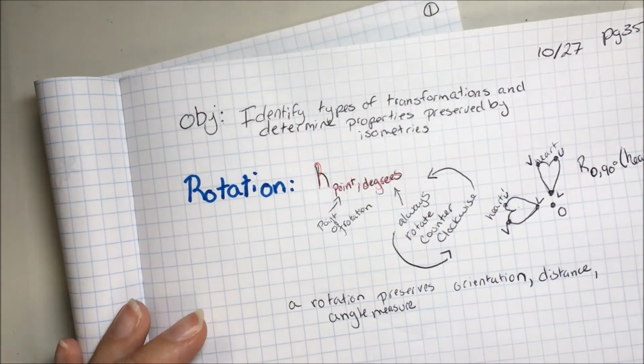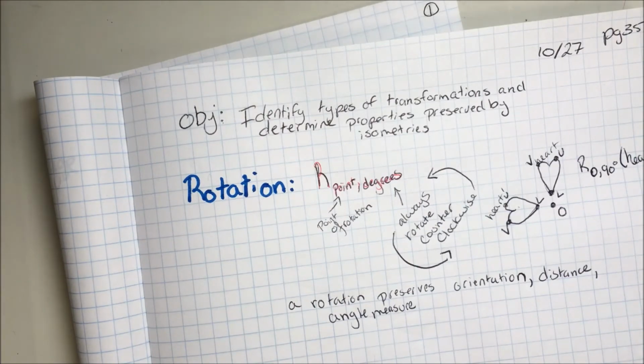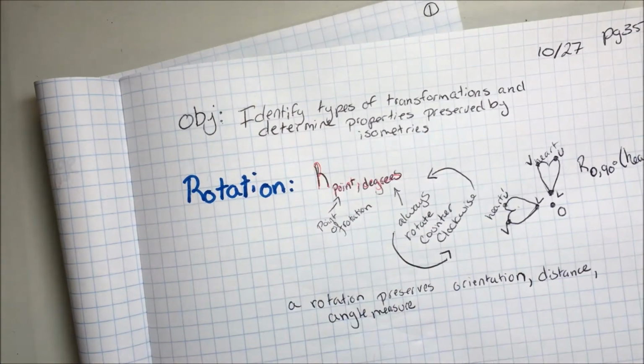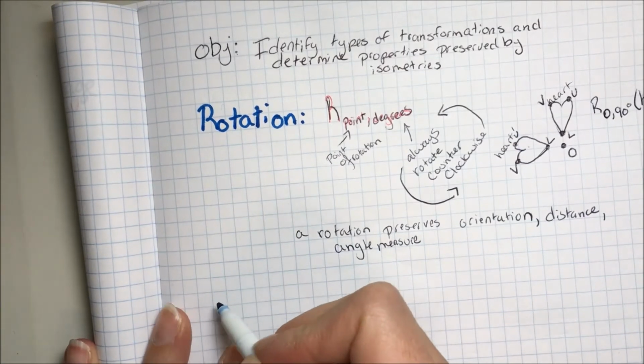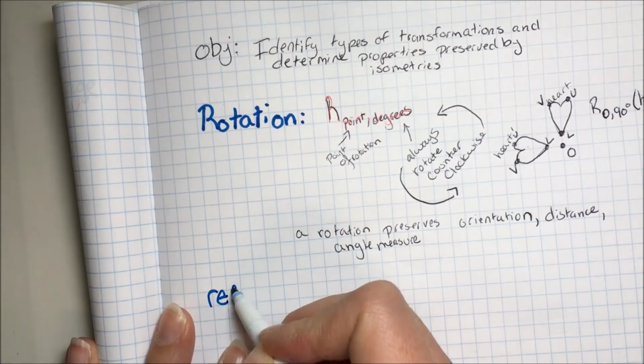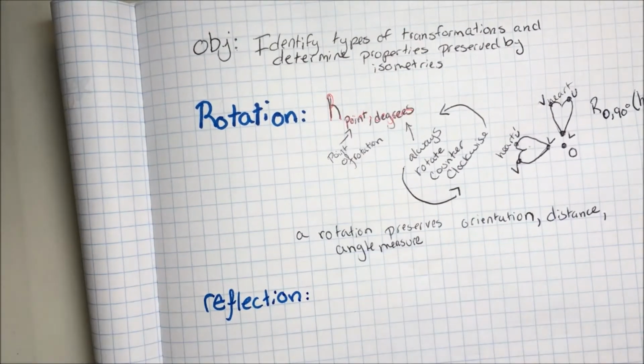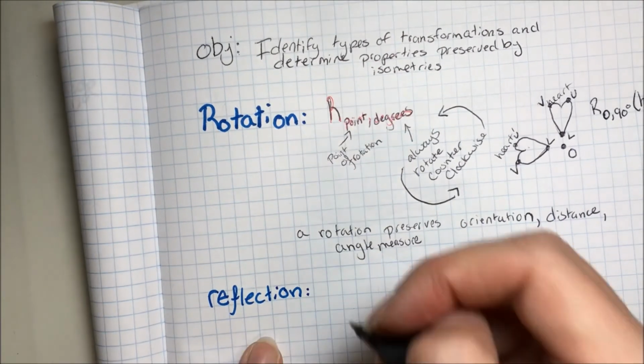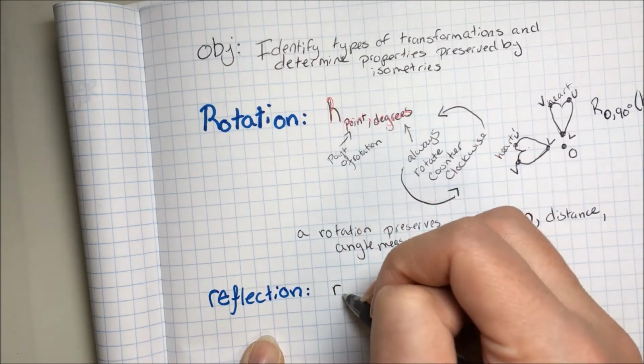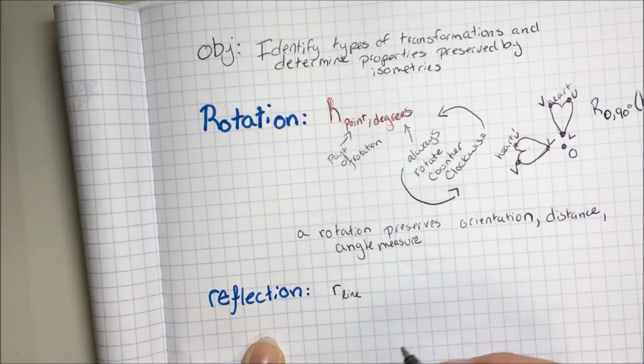Okay, the next type of transformation is a reflection. And I would write a reflection with a lowercase r over the line of reflection.